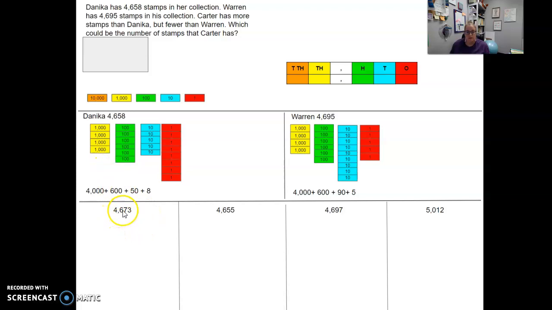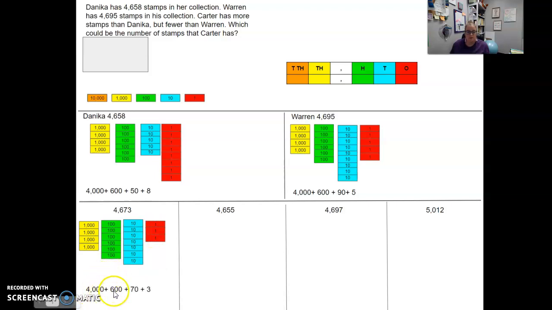So for 4,673, I have 4 groups of 1,000, 6 groups of 100, 7 groups of tens, and 3 groups of 1. And if I wanted to make that into expanded form, it would read 4,000 plus 600 plus 70 plus 3. If I come over here to my 4,655, I would have 4 groups of 1,000, 6 groups of 100, 5 groups of tens, and 5 groups of ones.